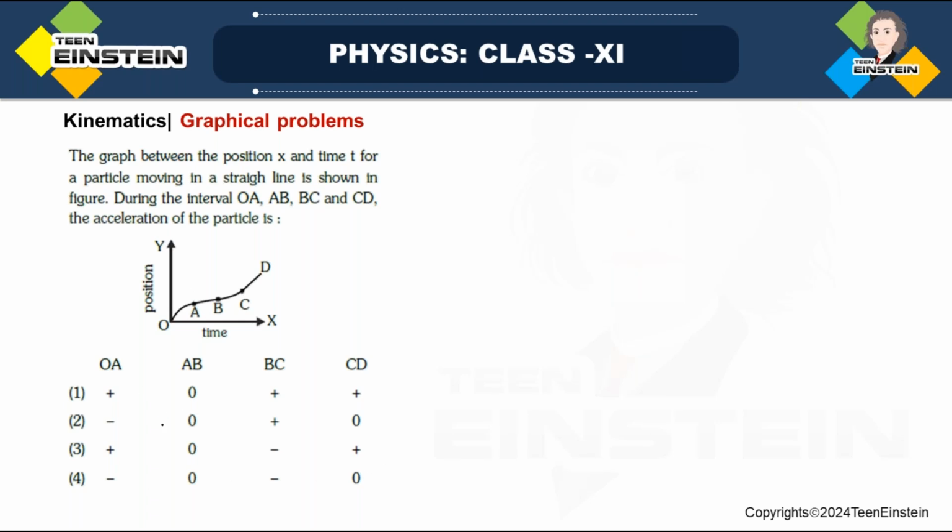So initially it will be negative, then it will be 0, then it will be positive. Then finally again it will be 0, because the CD part represents the uniform velocity, acceleration 0.